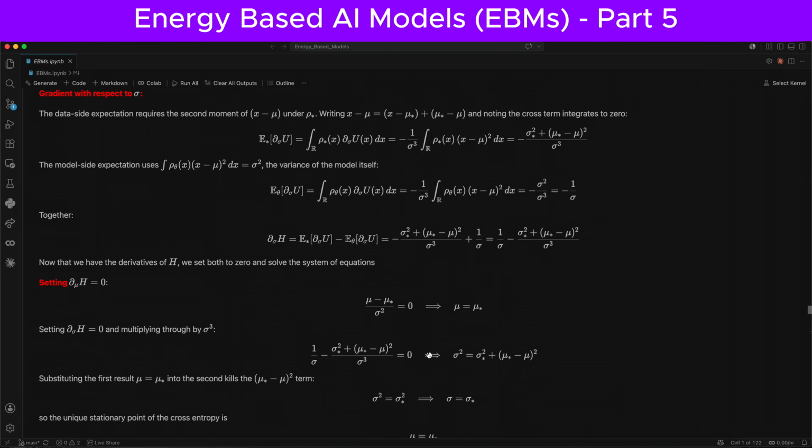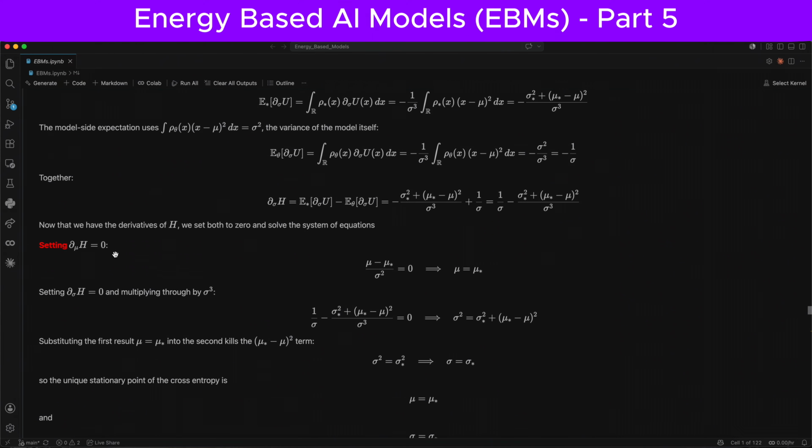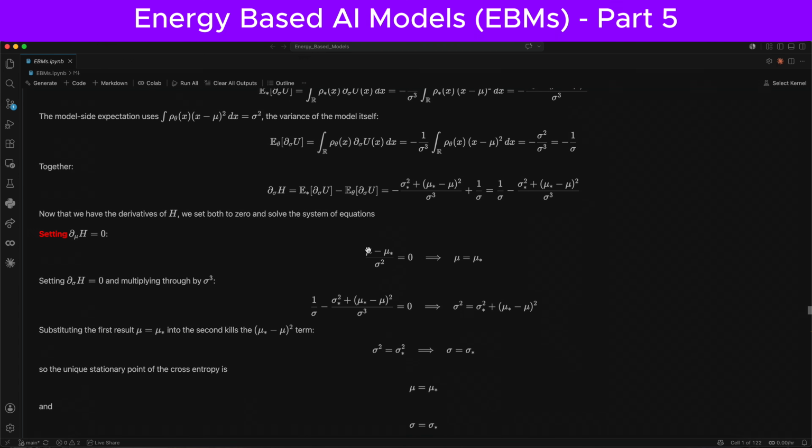Now that we have the derivatives of h, we set both to 0 and solve the system of equations. Setting the mu derivative to 0 immediately gives mu equal to the true mean. Setting the sigma derivative to 0 and multiplying by sigma cubed gives sigma squared equal to the true variance plus the squared difference of the means.